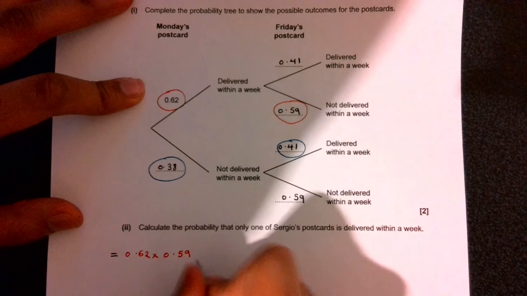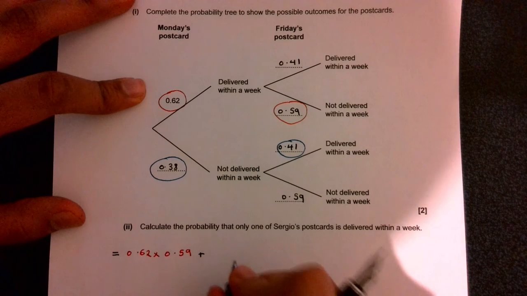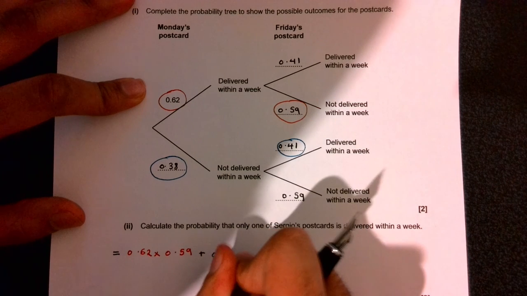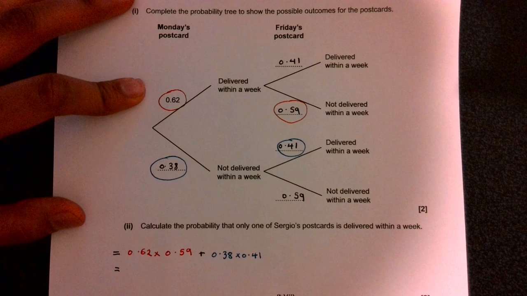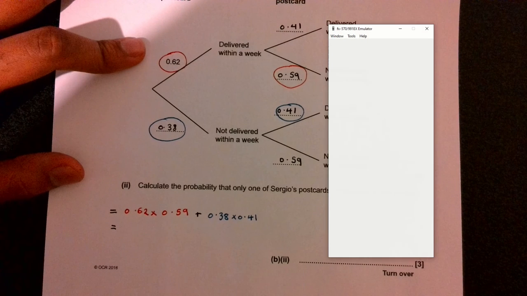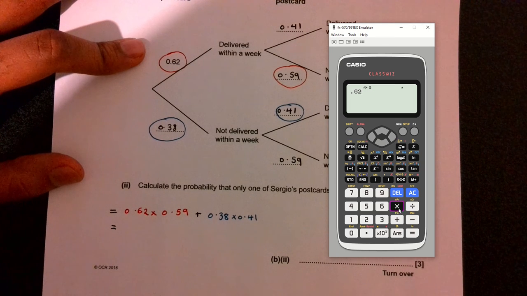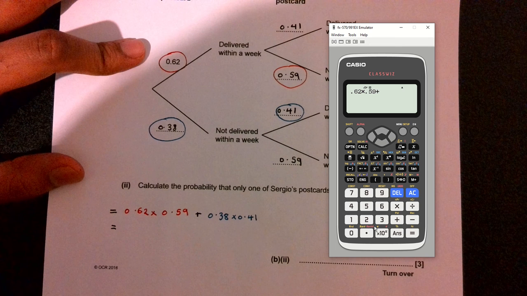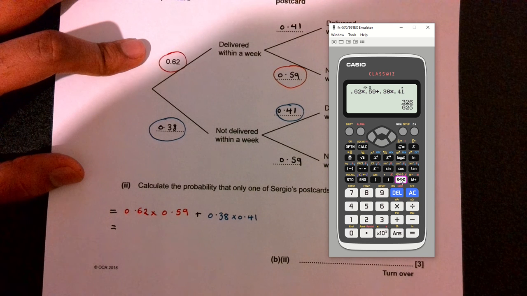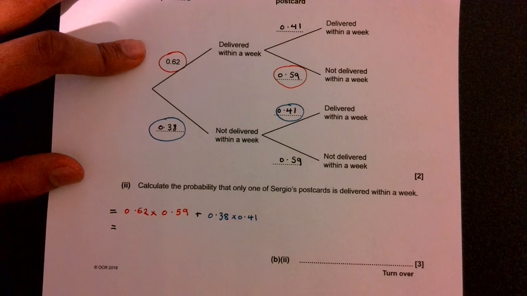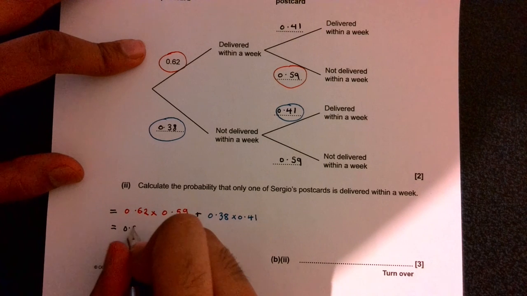So we have to add on 0.38 multiplied by 0.41. Working this out, we have 0.5216. Okay, so we have 0.5216.